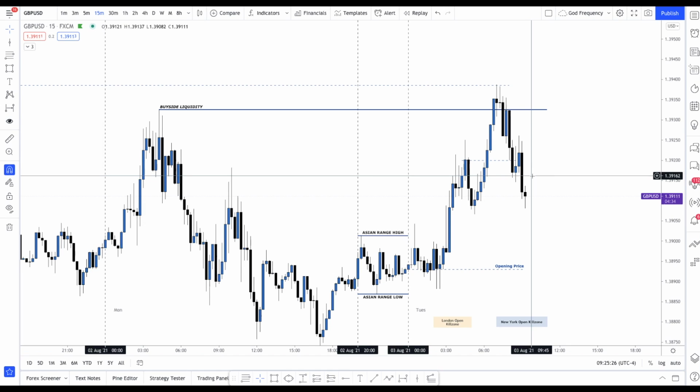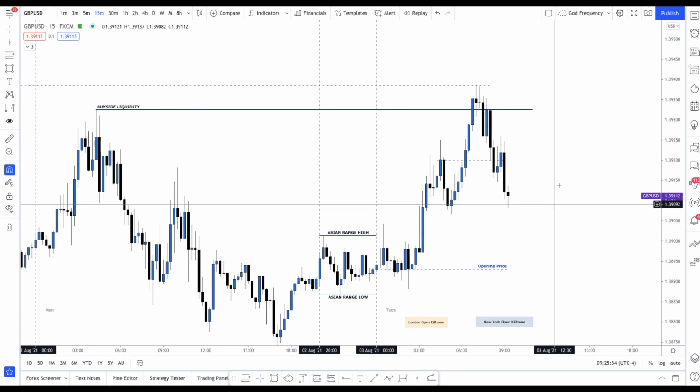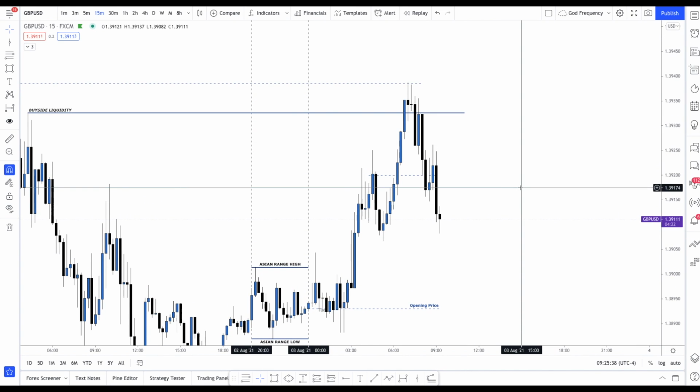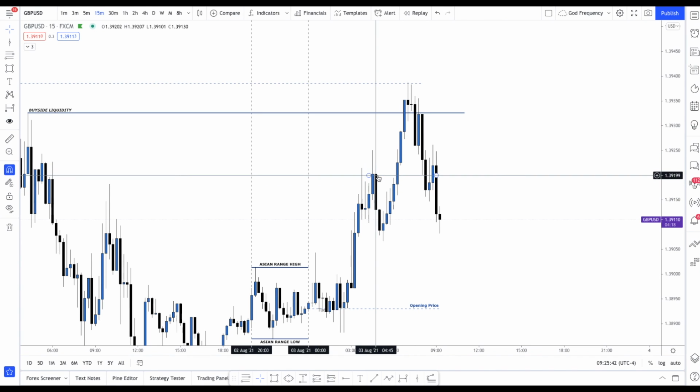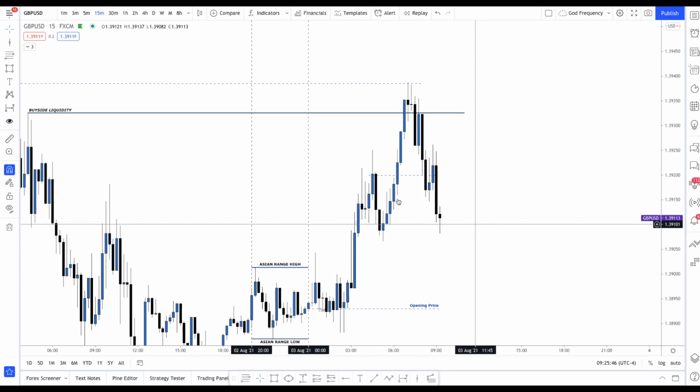I just wanted to give you guys this because it's kind of raw and uncut. I'm not going to edit this video in particular because you're catching me as I'm actually live in the trade. I talked about this on the live stream earlier too, that this was the area I was interested in. I took that trade and it didn't work out.